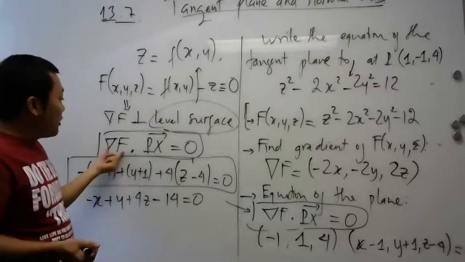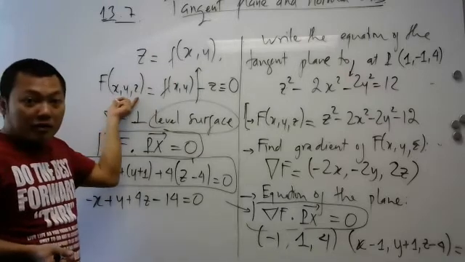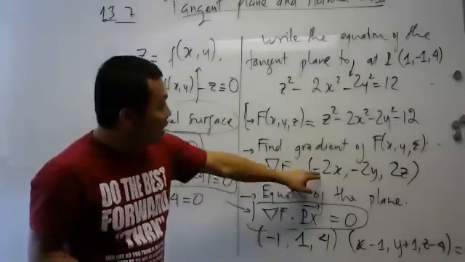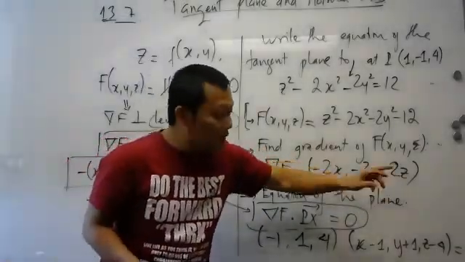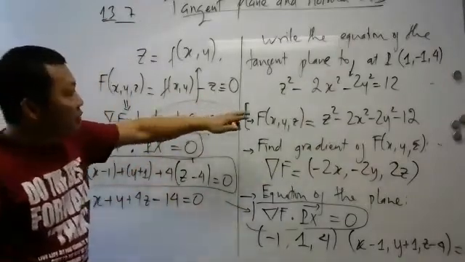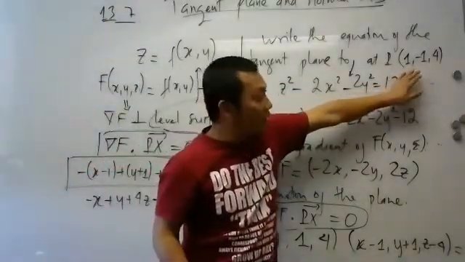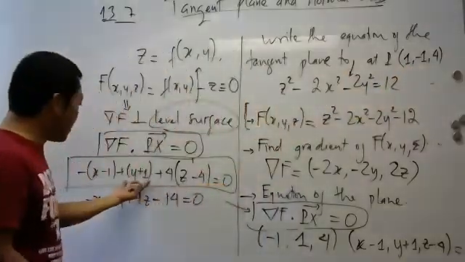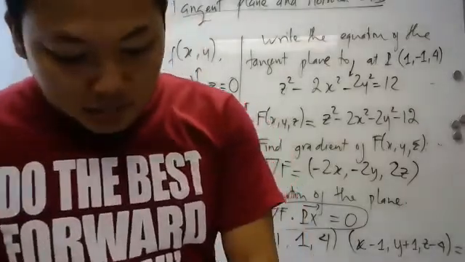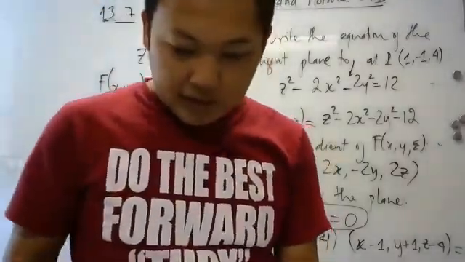So we just need to find the gradient: take the partial derivative with respect to x, y, and z, and then, since we have a point, just write the equation.